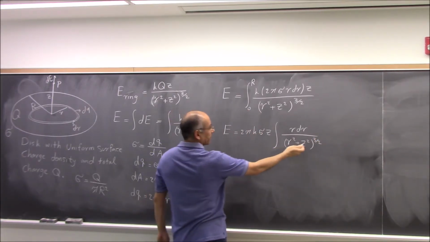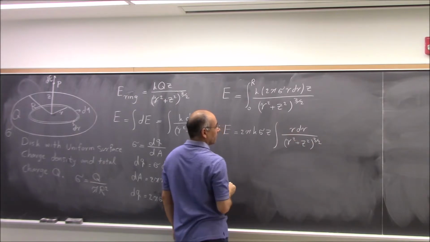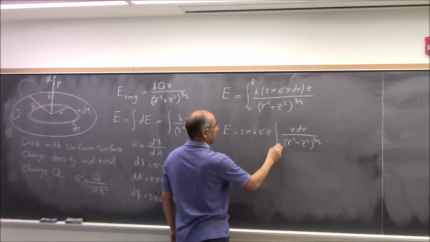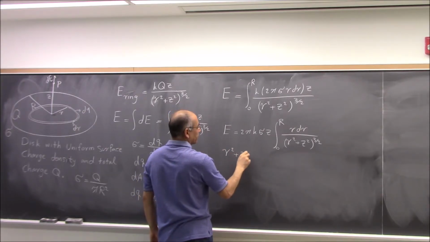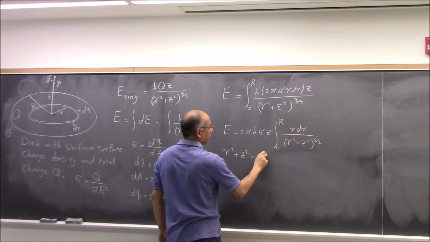And then u substitution works here. We can take r squared plus z squared equal to u.